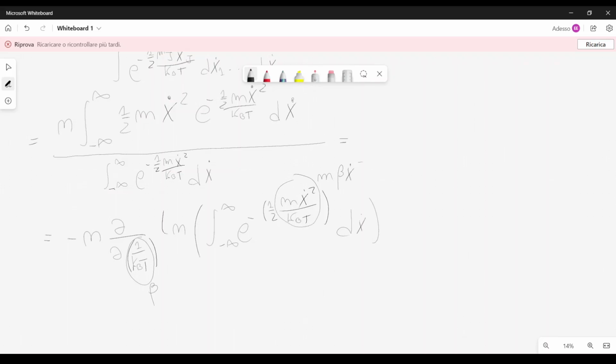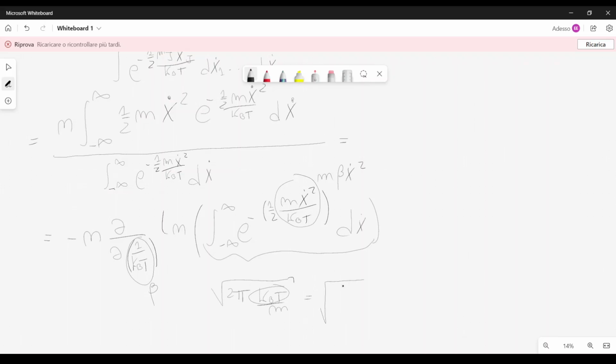beta x dot squared. It's quite easy to carry out this integration because this is a Gaussian integral, and the result of this integral will just be the square root of 2 pi times the variance. Inside this square root, we have to put the variance of the Gaussian distribution, which is simply equal to k Boltzmann T divided by m. So we have k Boltzmann T over m, or if you want to use beta, k Boltzmann T is beta to the minus 1.